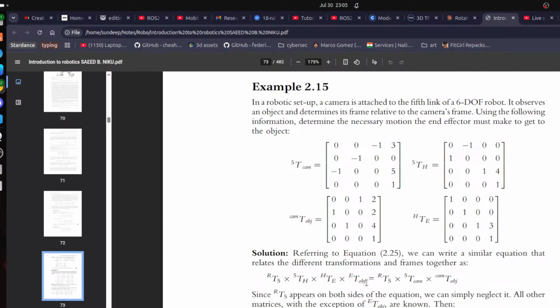Wait, let's not take that approach. What we need at the end is the end effector to the object. So let's start with the end effector to the object, and then let's try to form an equation. Link 5 to reference.